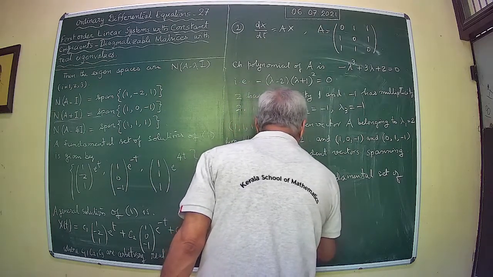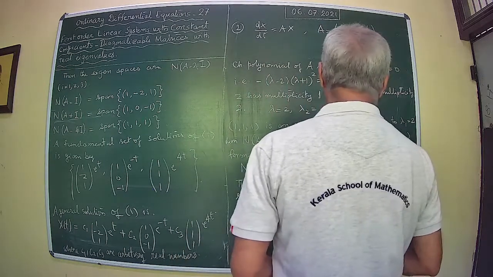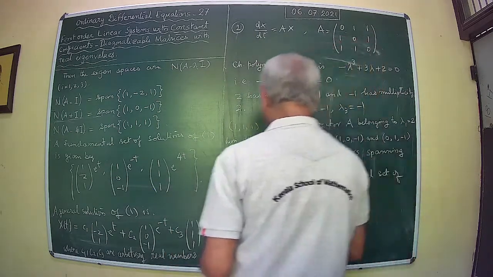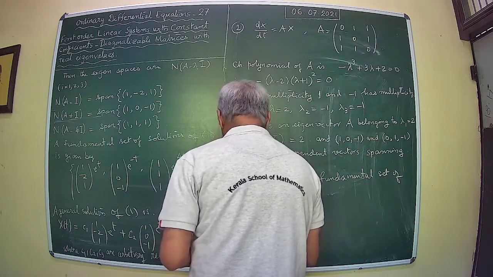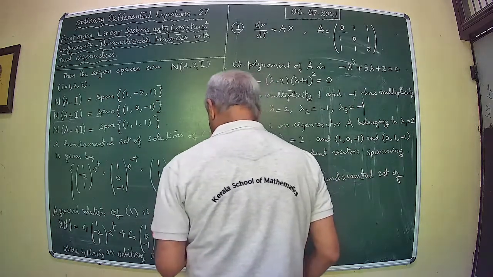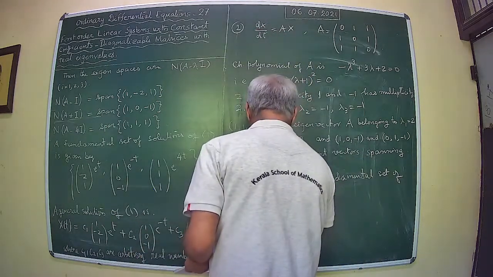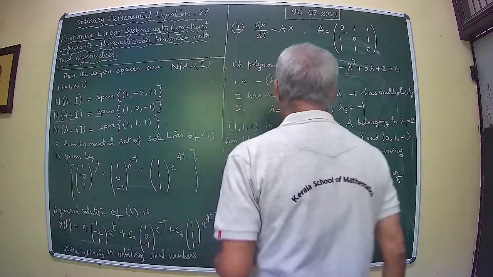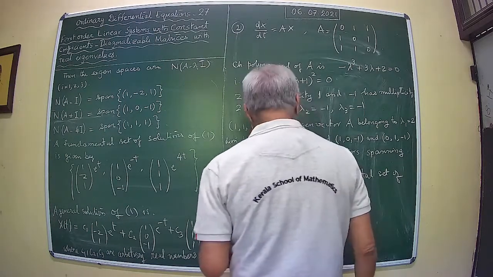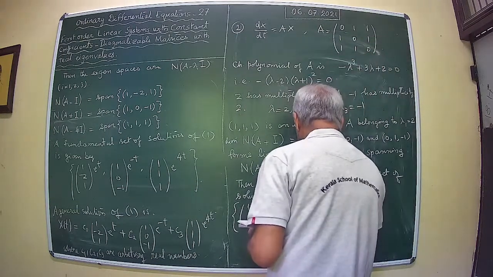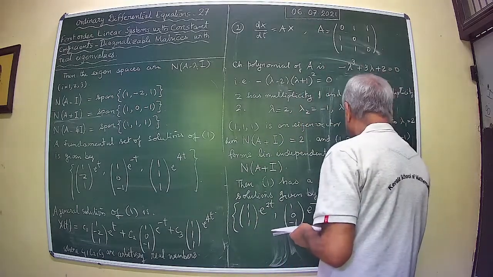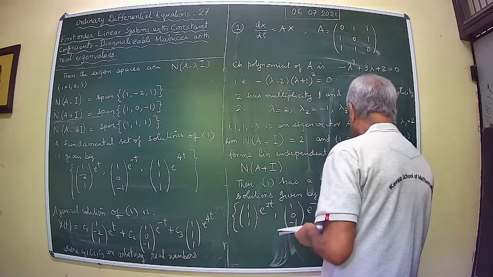What are the vectors that you have? (1, 1, 1) into e to the power 2t, and then you have (1, 0, -1) into e to the power minus t, then again one more, (0, 1, -1) into e to the power minus t.